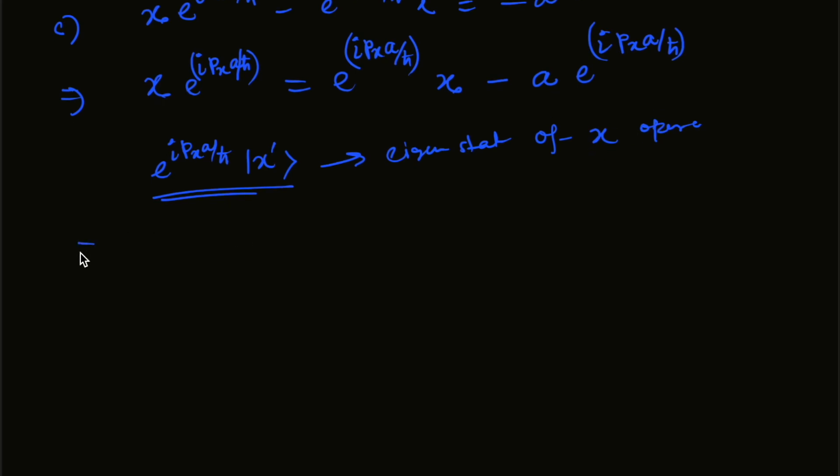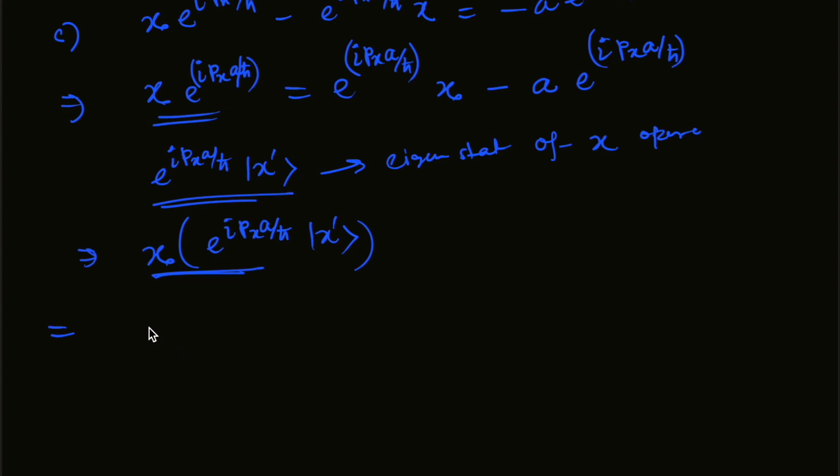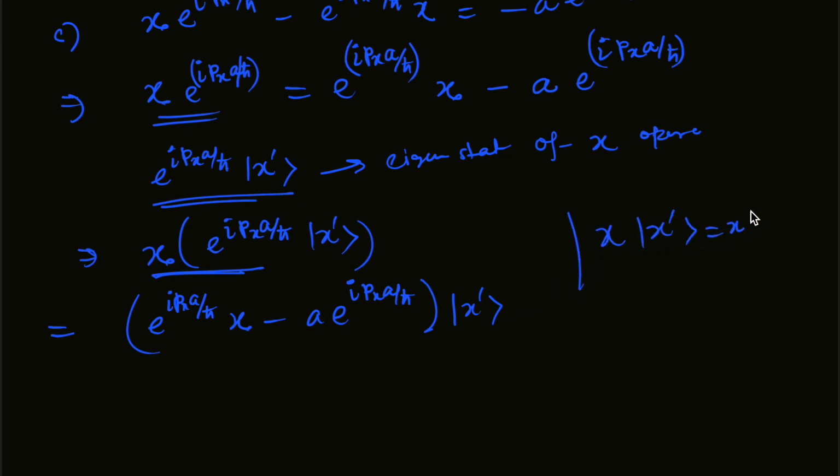So x e^(i px a/ħ)|x'> will be, from this relation, e^(i px a/ħ) x minus a e^(i px a/ħ) acting on |x'>. We know that x operating on x' will give x'.